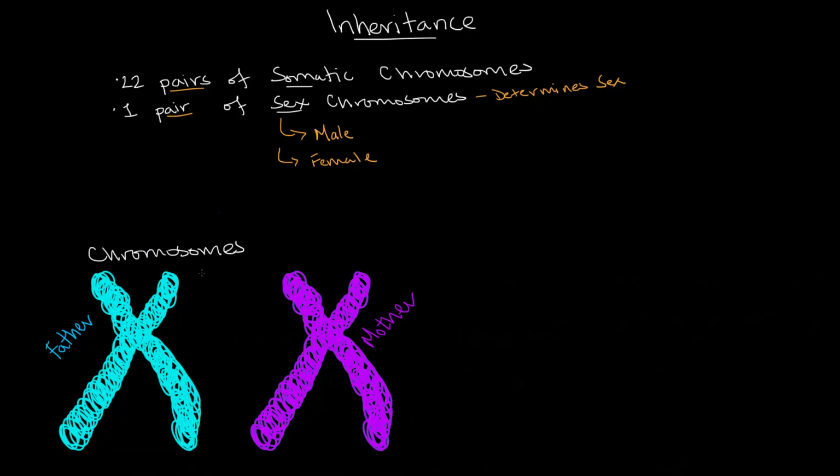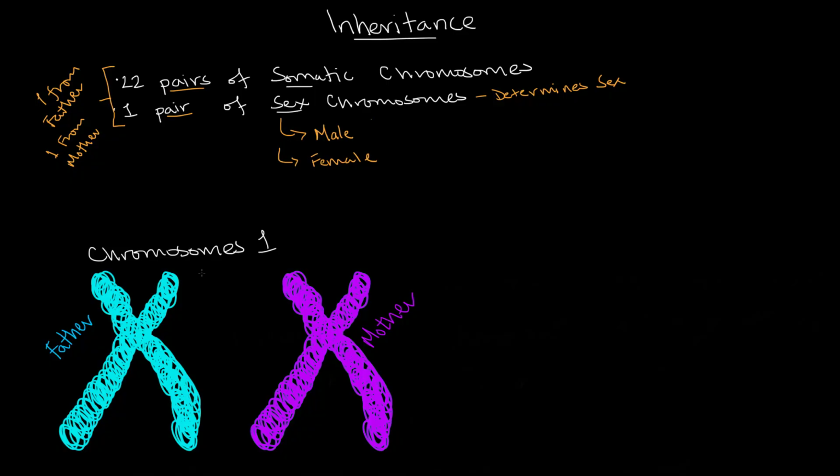This might be chromosome 1, the first of your chromosomes, and you get 1 from your father and 1 from your mother. We say they're pairs because they're inherited: 1 from father, 1 from mother.